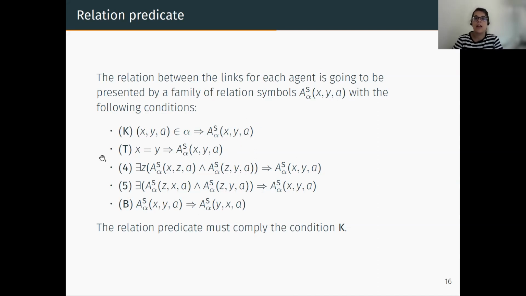T gives us reflexivity. 4 gives us transitivity. 5 gives us a Euclidean relation, and B gives us a symmetric relation. So the relation predicate must comply with the condition K, and according to which other conditions the relation predicate complies with, we are going to have different modal systems.